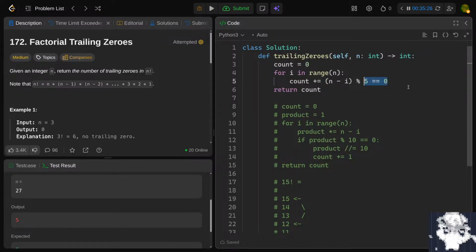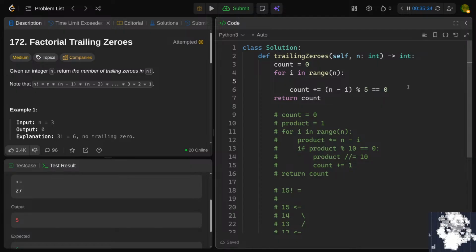So what I want to do actually is continually mod this by 5 and keep counting as many times as you can mod it by 5. So term equals this. Factor equals that.